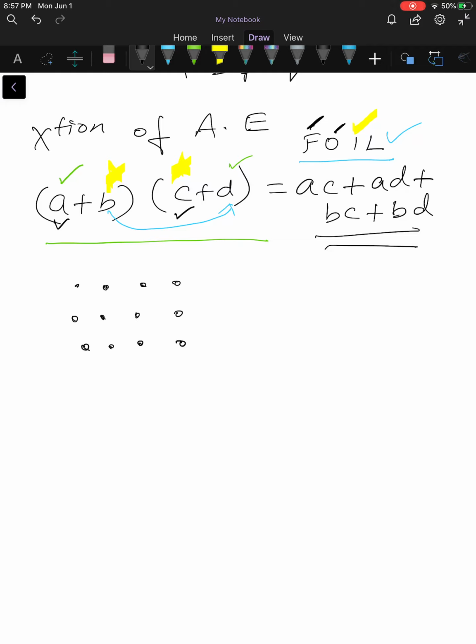Simplifying now, 2x cube plus x square, that is 2 minus 1 is 1, x square, and plus x and minus x cancel out each other, plus 1. So this is how you multiply using the distributive property and rules of exponents.